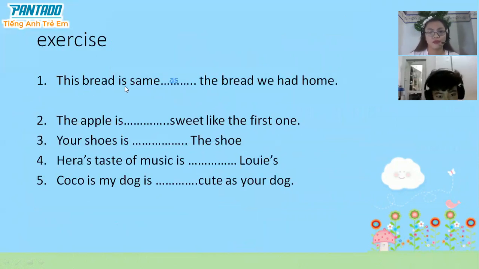This dress is the same as Express. Okay, very good. Number two.